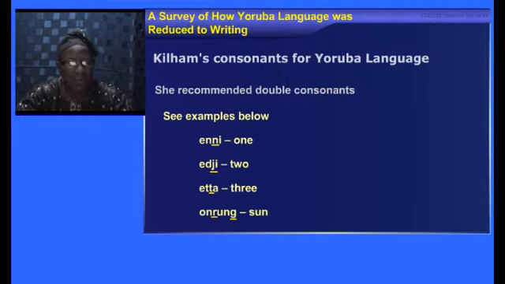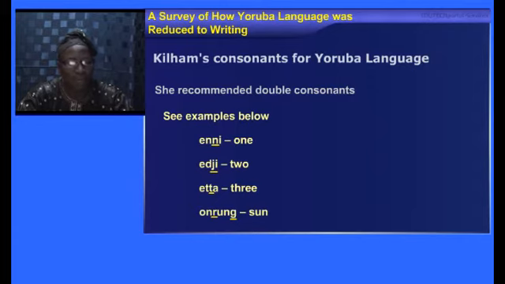In writing words down, particularly eni, which is one, she wrote e, ni, I. And in writing two, she wrote e, d, g, I to mean a G. And three, eta, she wrote a, t, a, eta.